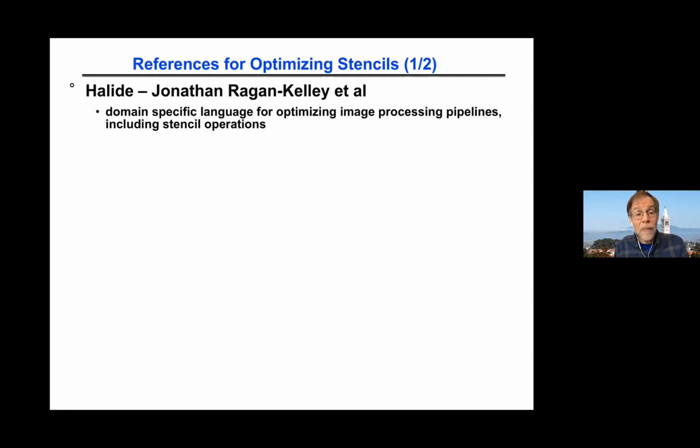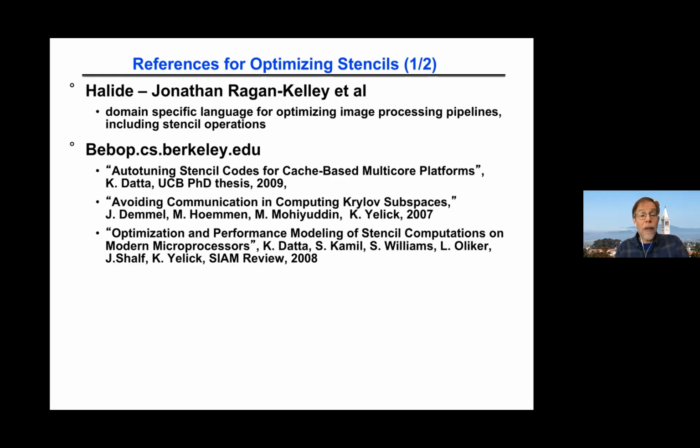That was developed by one of our faculty, Jonathan Ragan-Kelley, in his PhD thesis at MIT. And it's now used in industry quite widely, I think in Google's image processing pipeline. And it's a domain-specific language where you can express your stencil operations at a high level, and it applies lots and lots of low-level optimizations to map it as well as possible to all of your hardware. And so that is something that you should consider using.